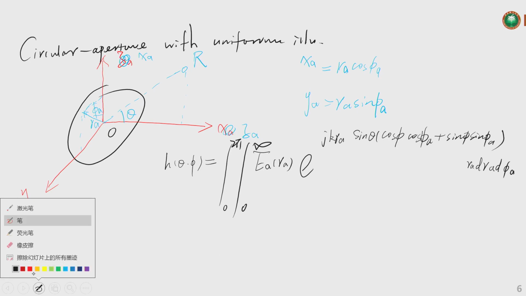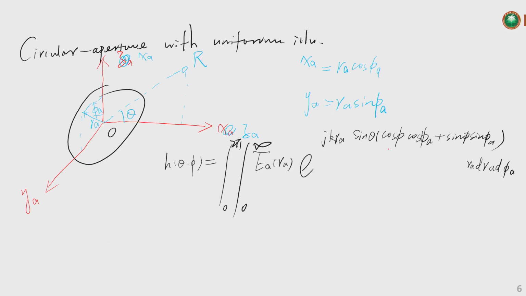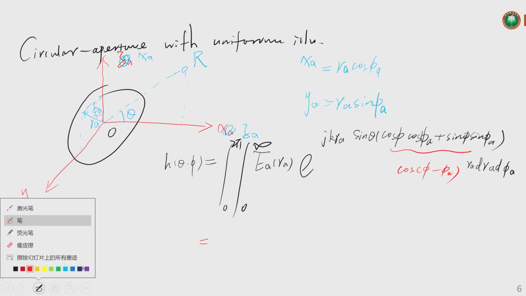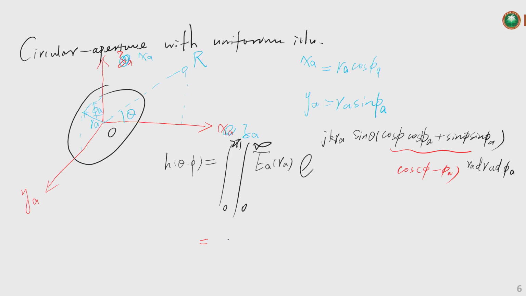Let's simplify it. This term represents cosine of phi A minus phi, right? And this part can be simplified. Because phi is from 0 to pi, it is symmetric, all right?